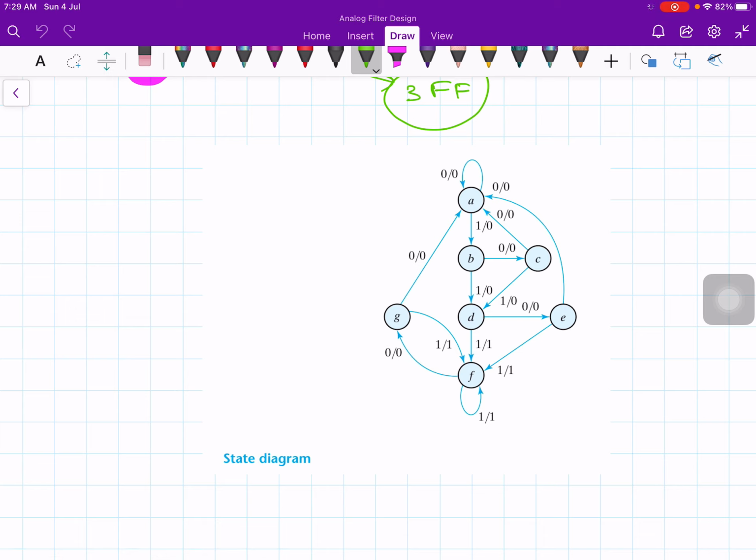In general, reducing the number of flip-flops reduces the cost of the circuit. So that is the whole purpose of state reduction techniques.